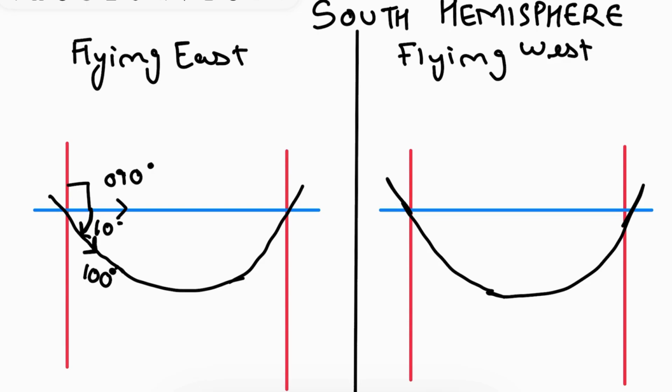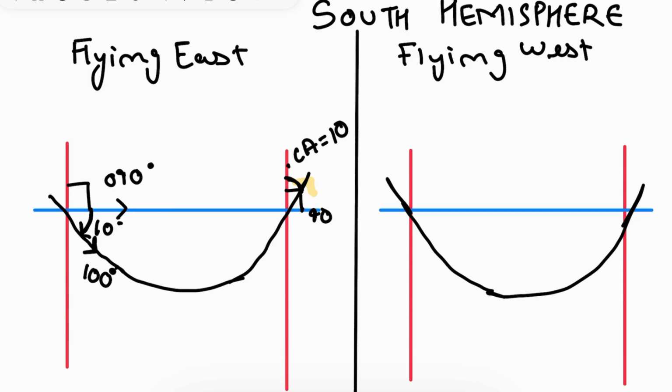Now, at the arrival, we know that this angle is 90 degrees, right? But we need to know the highlighted angle here, which is the great circle at the arrival. For that, we know that this angle is going to be the conversion angle, which is 10.